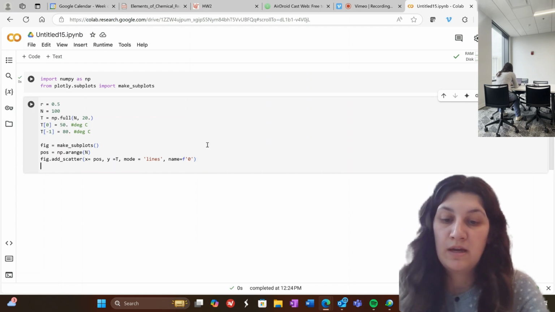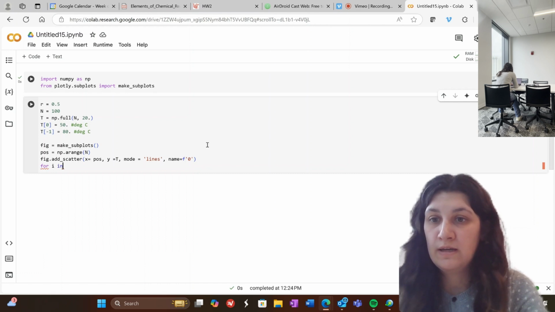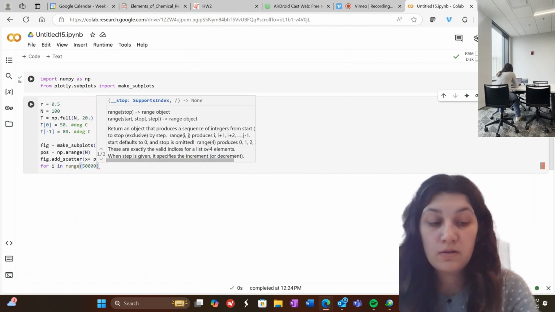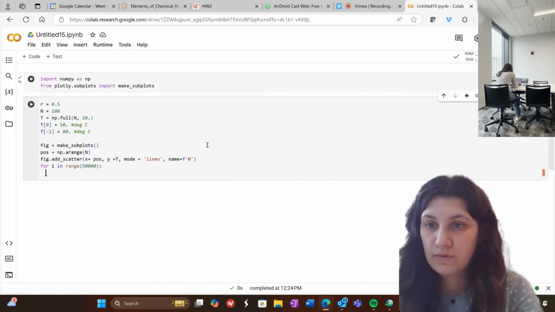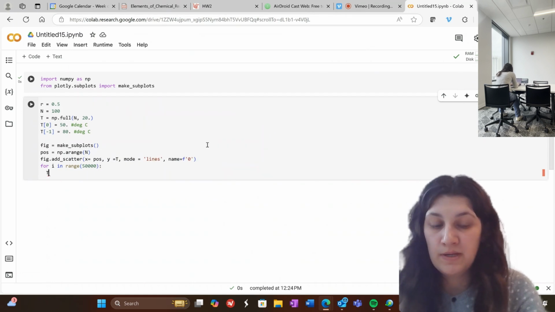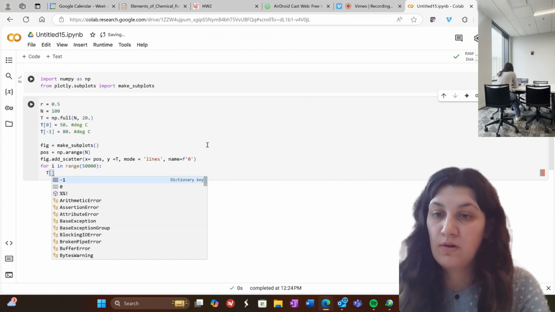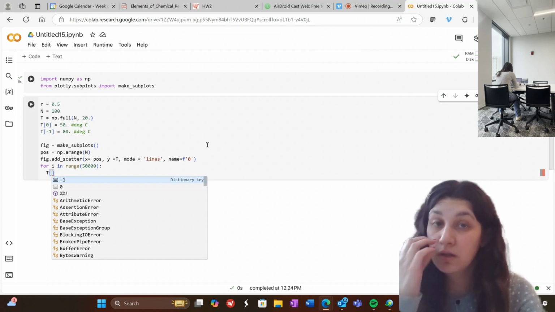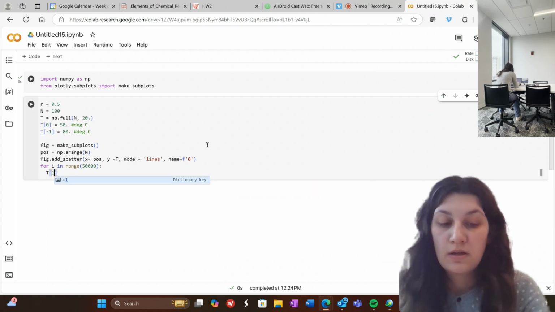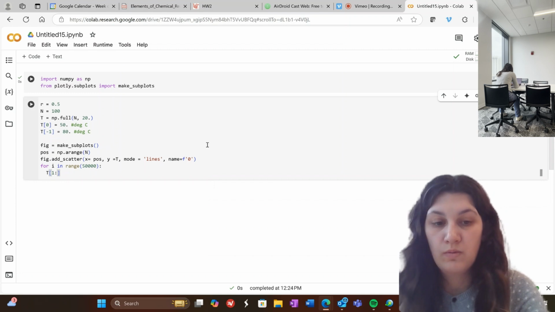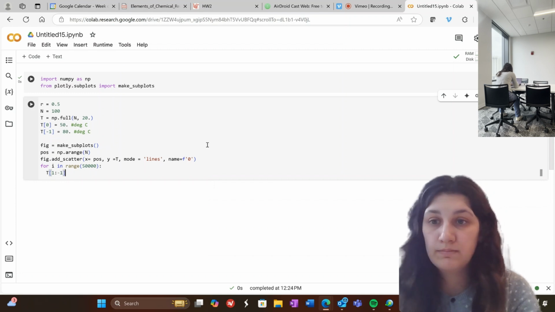Now we want to make a loop, so for i in range, go with 50,000. We need to update our T value every time, so we want this to be for our in-between sections, so 1 to -1.